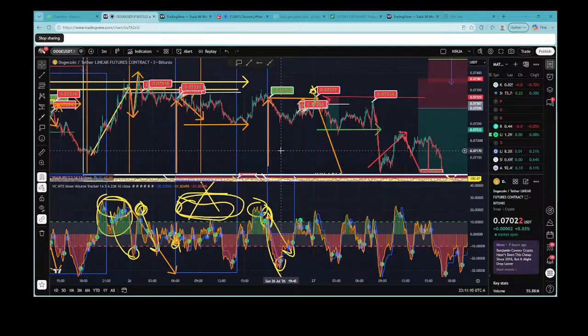So if that's the case, I still would need my daily to be up, right? Here's what I was trying to say. The daily and the 4 hour are attributes of what you can expect as far as strength or momentum in a certain direction.